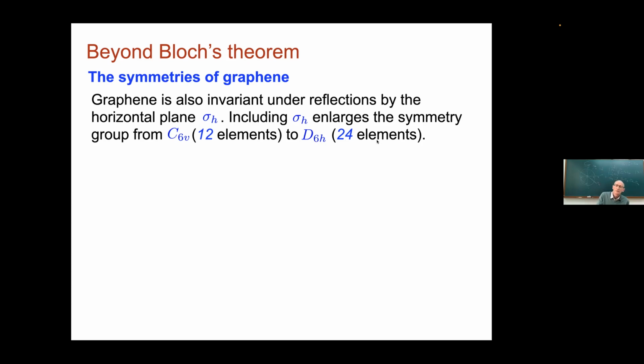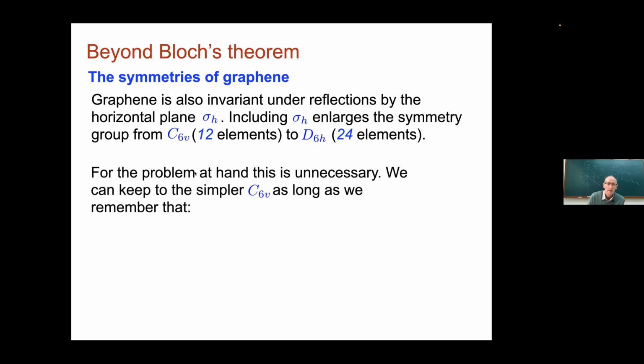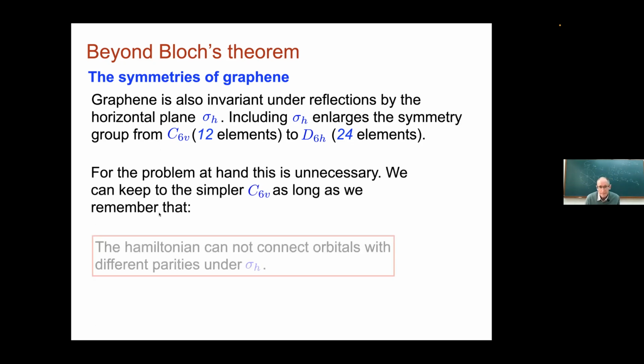However, for many purposes, that's totally unnecessary. And that's the reason that most people that study graphene from the group theory viewpoint do everything just in terms of this group, which is easier because it has half as many elements. The reason is just this. The Hamiltonian cannot connect orbitals with different parities with respect to sigma h.